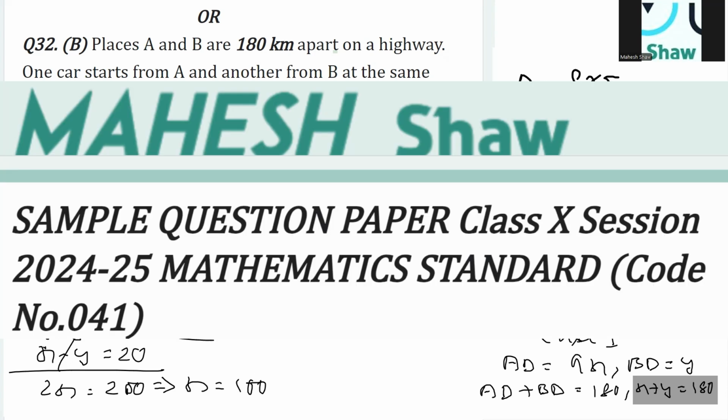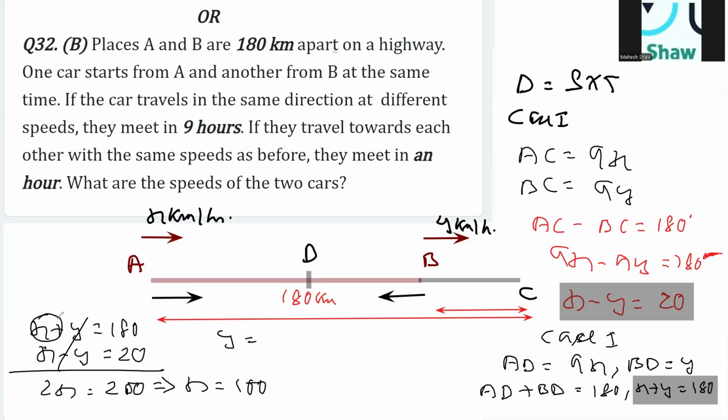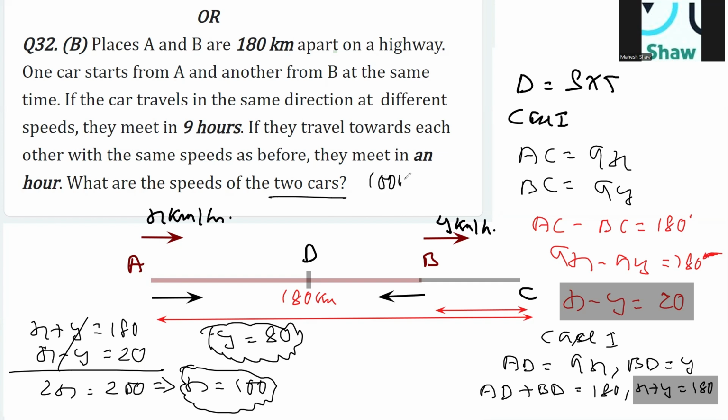And substituting x in this equation, we'll get y is equal to 180 minus 100, which is 80. So x comes out to be 100, and y comes out to be 80. Therefore, the speeds of the two cars will be 100 kilometer per hour, and the other car will be 80 kilometer per hour. This is how you will do the question number 32.